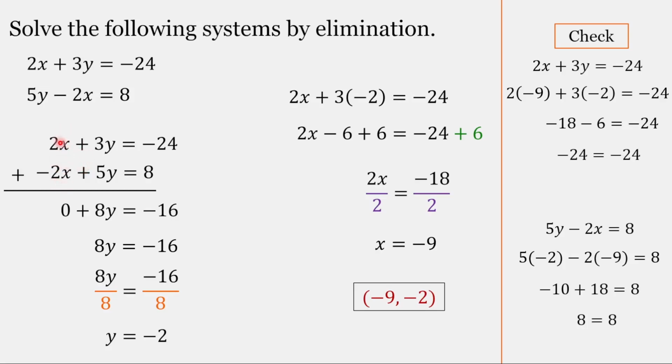When we add them, we have 2x plus a negative 2x, so our x variable will disappear. We end up with 8y = -16. Solving this equation, we get y = -2. Substituting this value of y into the first equation again, we end up with x = -9 and a solution of (-9, -2).